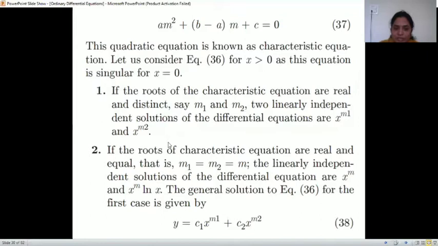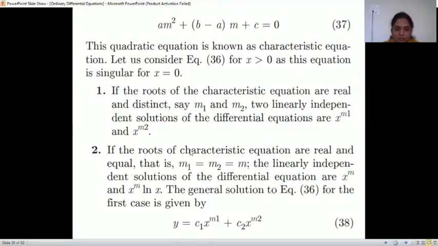As in the previous LD, we have written e raised to m1x, e raised to m2x. Similarly, in this form, we have to write x raised to m1, x raised to m2. So the solution in this case will be y is equal to c1 x raised to m1 plus c2 x raised to m2.